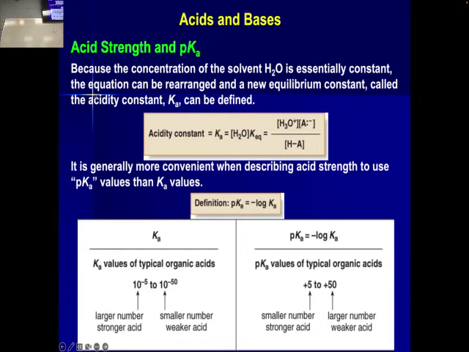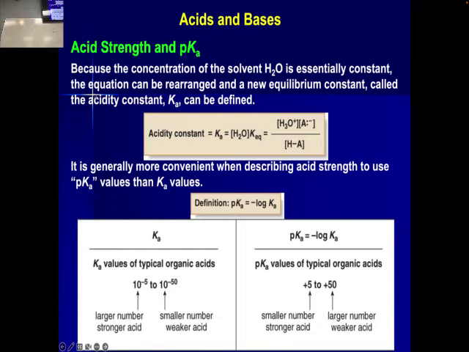Okay? But we can make an assumption about water. Notice that Ka is equal to KEQ, right, times the concentration of water. Right? Just doing a little arithmetic. Okay? Why can we do that?